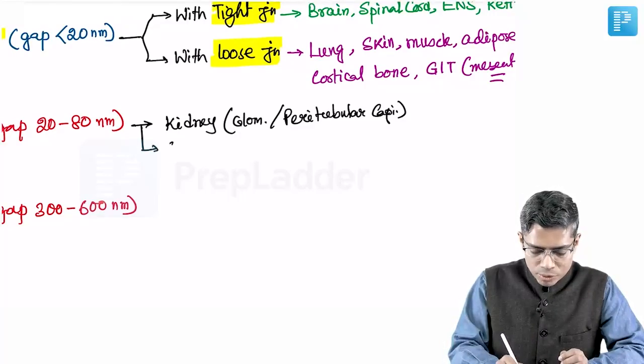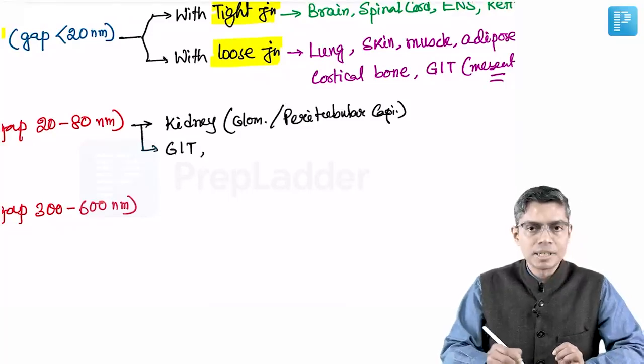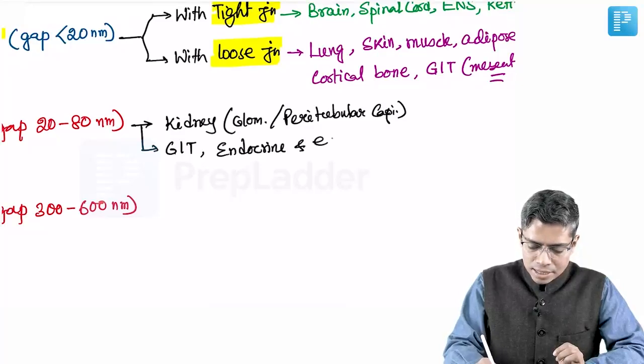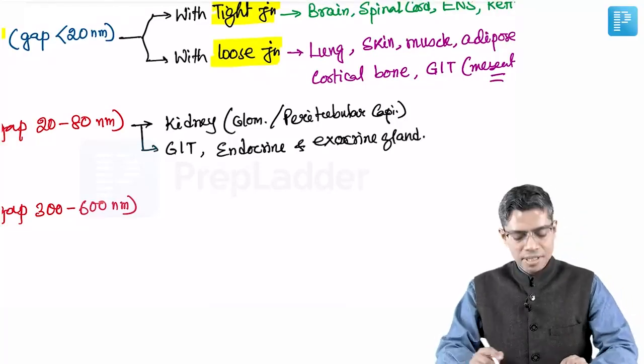And we were talking about GIT, the intestinal villi also contain fenestrated capillary. Not only that, all the endocrine as well as the exocrine glands contain this kind of fenestrated capillary, right?